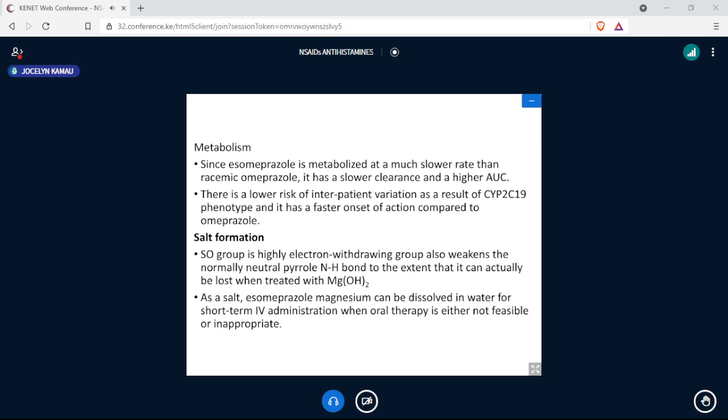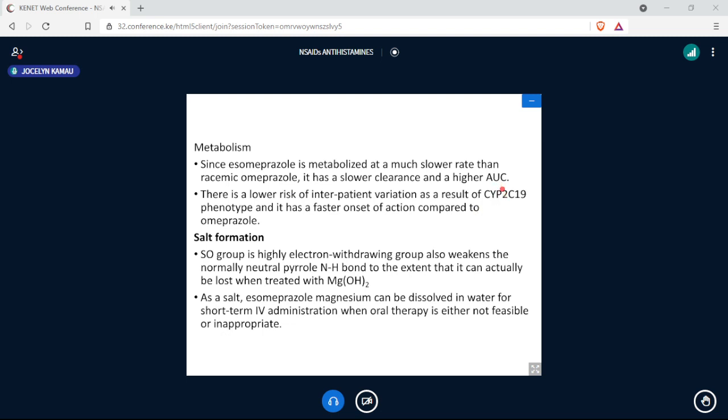Since esomeprazole is metabolized at a much slower rate than the racemic omeprazole, it has a slower clearance and a higher area under the curve. There is a lower risk of interpatient variation as a result of the cytochrome 2C19 phenotype, and it has a faster onset of action compared to omeprazole. There is a lower risk because esomeprazole is not wholly metabolized by cytochrome 2C19.